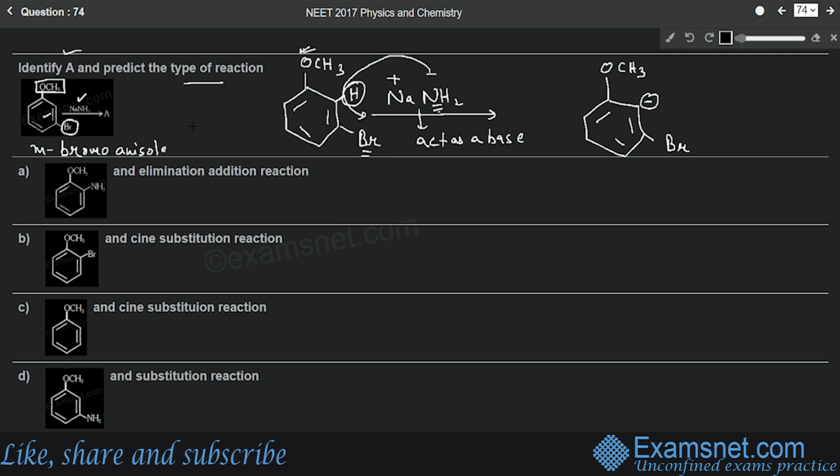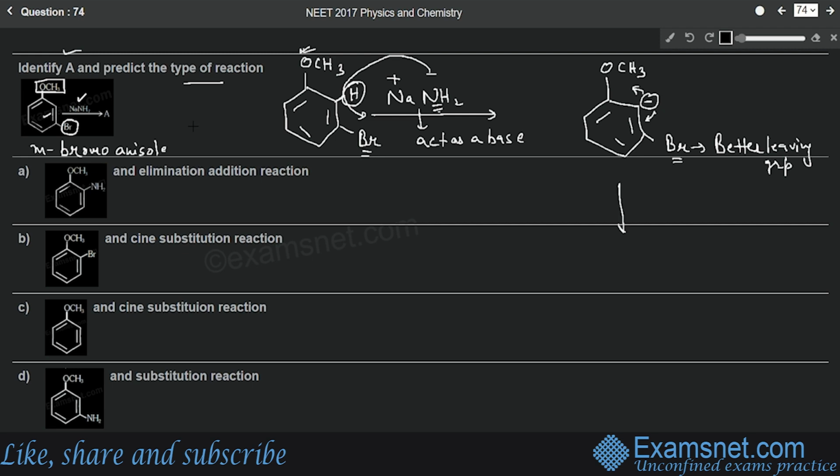Now what will happen? This negative charge can move towards the upper side or towards the lower side in the ring. But since bromine is a better leaving group, the charge will move downwards and bromine will be removed from here. It will leave the ring.